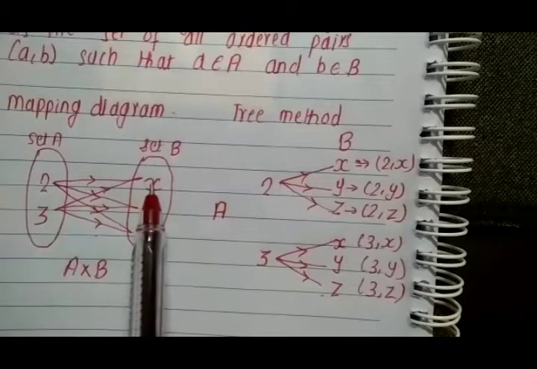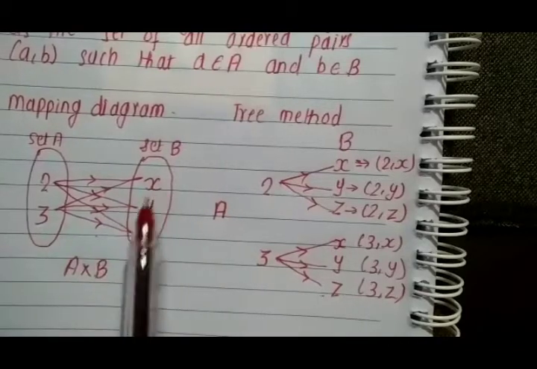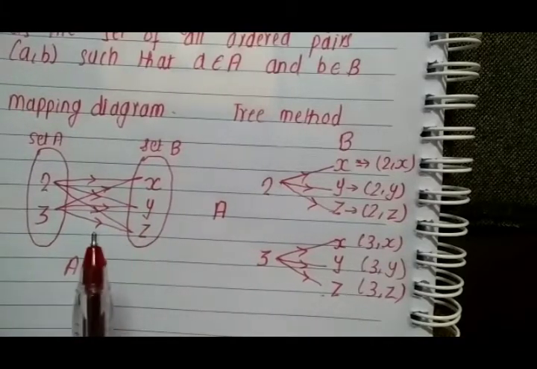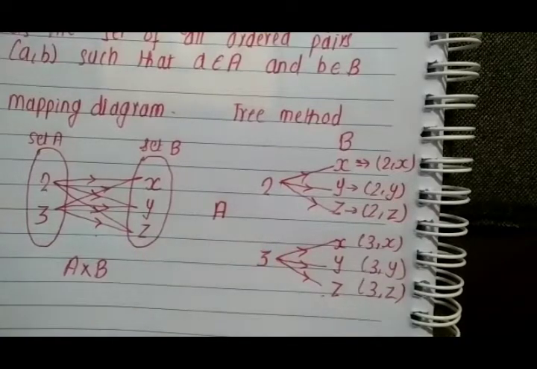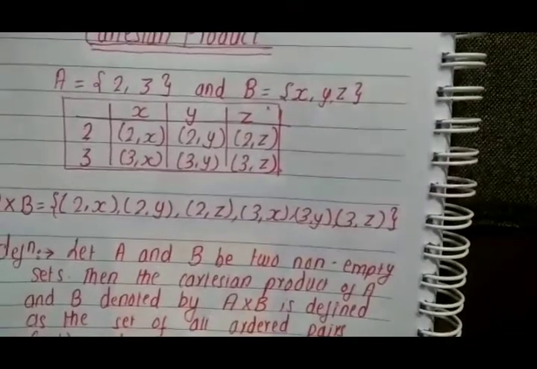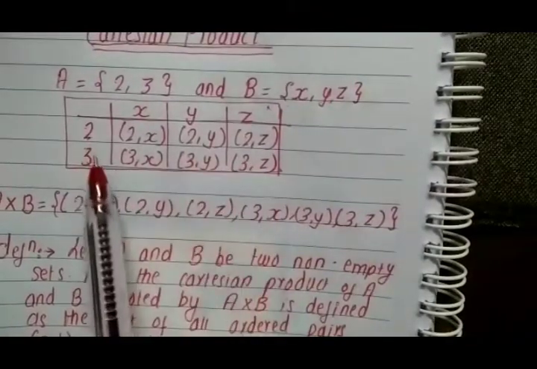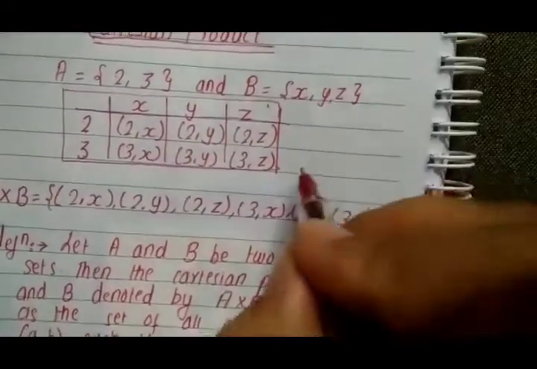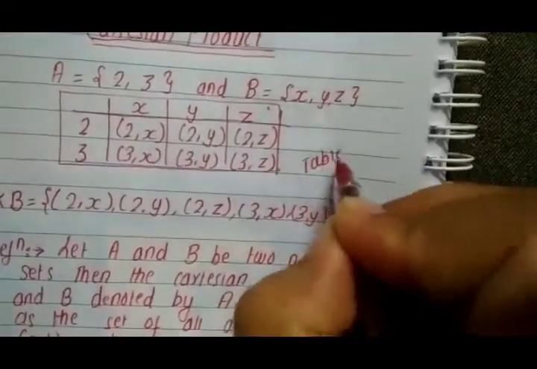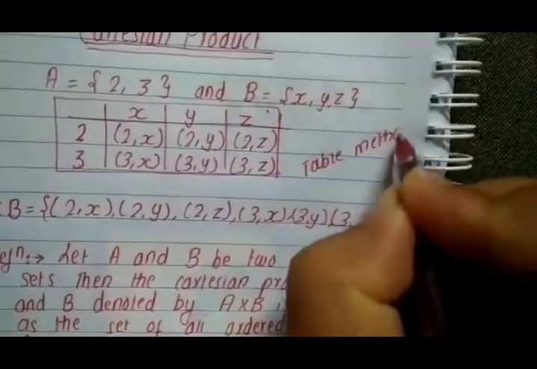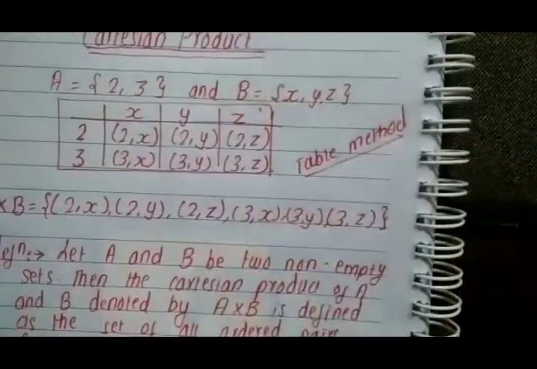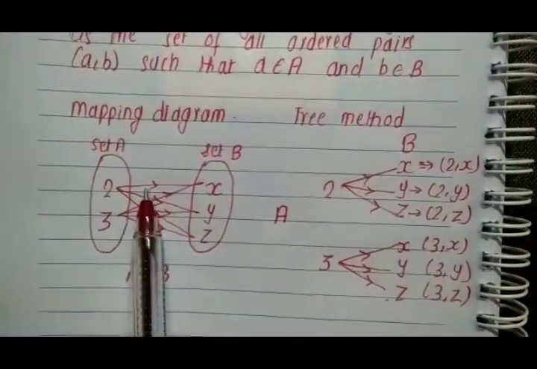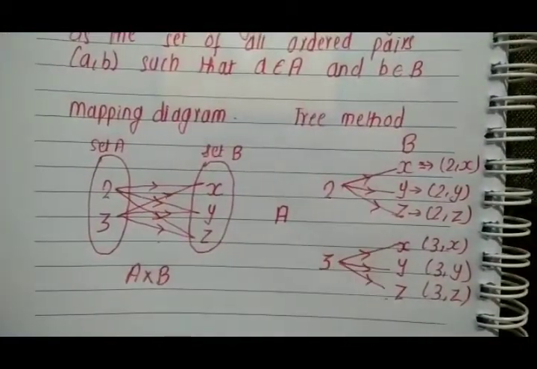These are the two methods, and one more method we have already done. This is the table method, with 2, 3 and x, y, z. So first the table method, then the mapping method, then the tree diagram method.